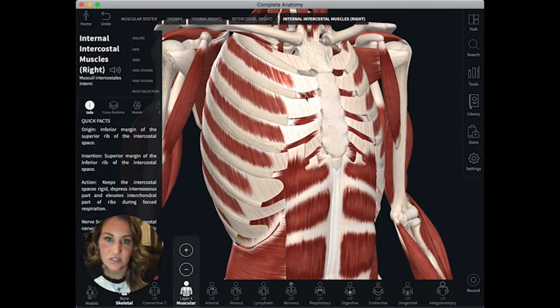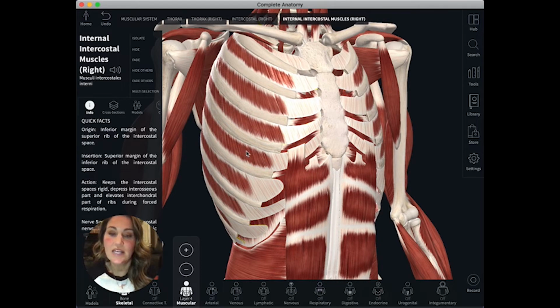So there is this white stuff in the middle, but that is cartilage covered with a membrane. It's not at the actual rib. But the external intercostals really don't go past the point of the actual ribs. So the internal intercostals peek out in the middle behind the external intercostals.